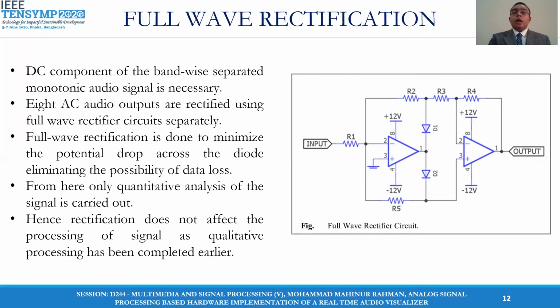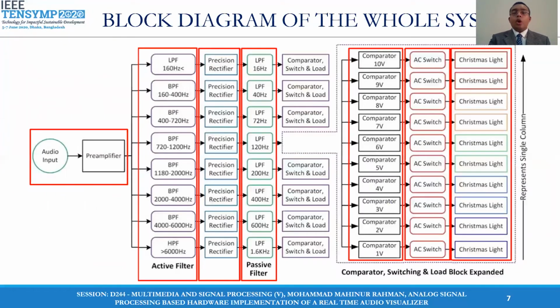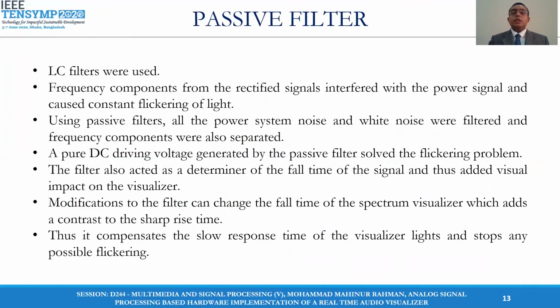From the full wave rectification section, the signal is moved on to the low pass filtering section where LC filters were used, and the high frequency components of the rectified signal were eliminated since they interfered with the power signal and also caused flickering of lights.